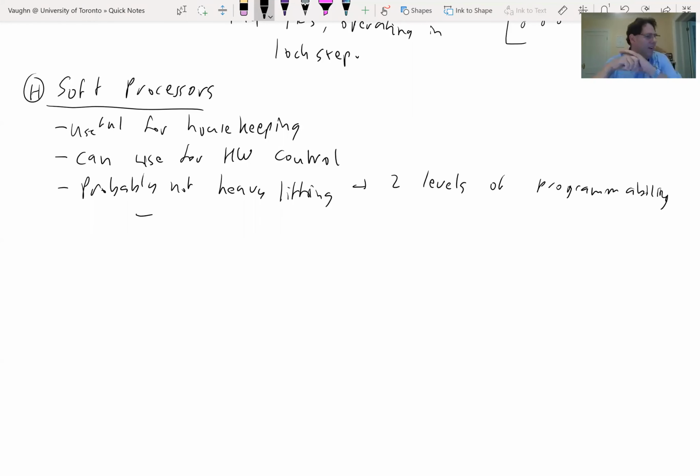Okay, so I should have put this in as a poll, but didn't think of it. You can type thoughts in the chat. What do you think the cost of a level of programmability is? So we've got two different levels here, right? Instructions are the way processors gain programmability. And we have reconfiguring wires and truth tables and so on, which is where the FPGA gains programmability.